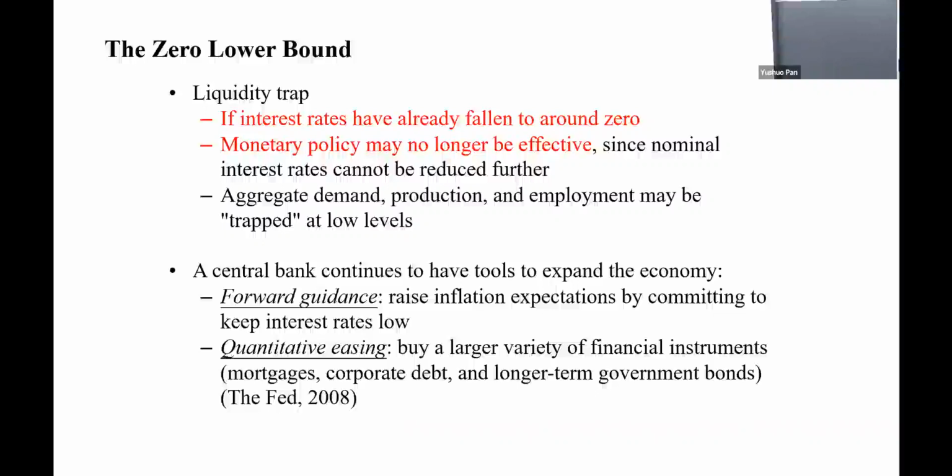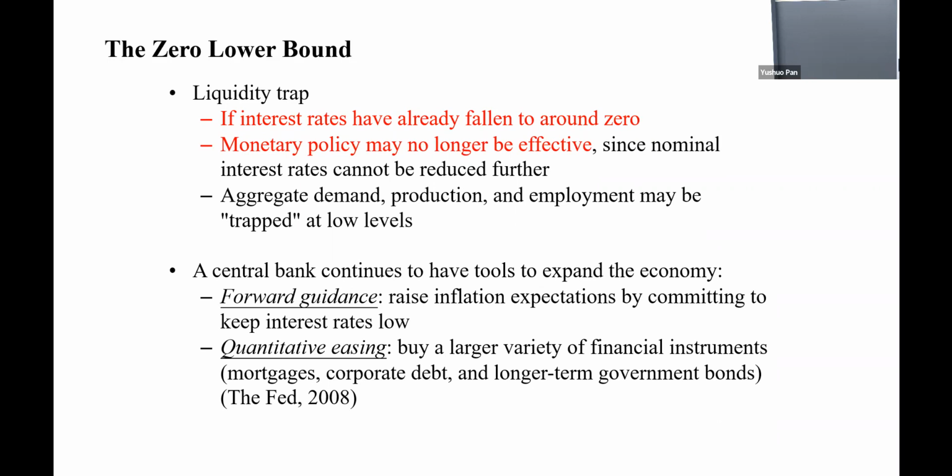So, the zero lower bound. If the Fed wants to increase output Y, the Fed is going to lower the interest rate, right? But what if the interest rate is already lowered to zero? What will happen? Some economists think that will cause a liquidity trap. The trap is: if interest rates have already fallen to around zero, monetary policy may no longer be effective.